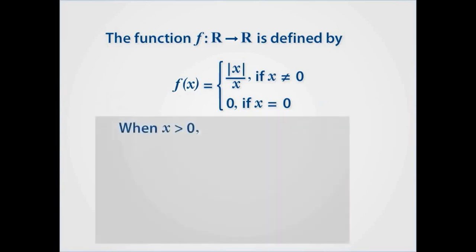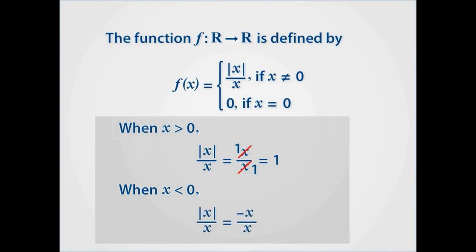When x is greater than 0, |x|/x equals x/x, which equals 1. When x is smaller than 0, |x|/x equals -x/x, which equals -1.